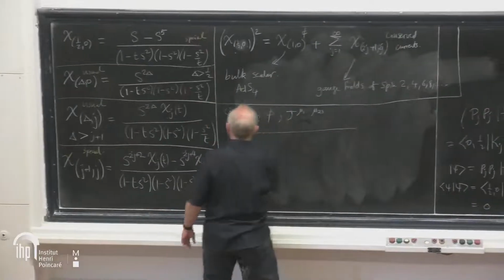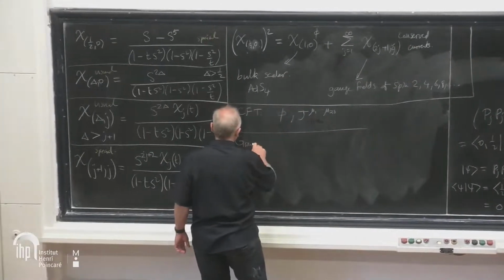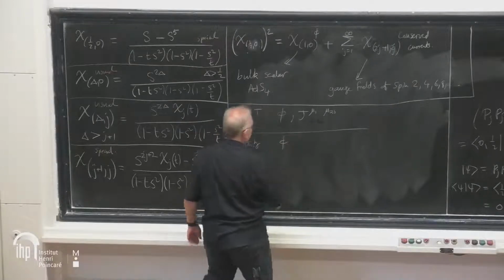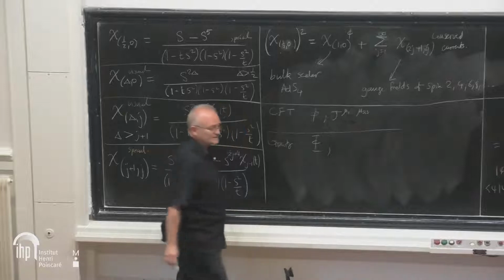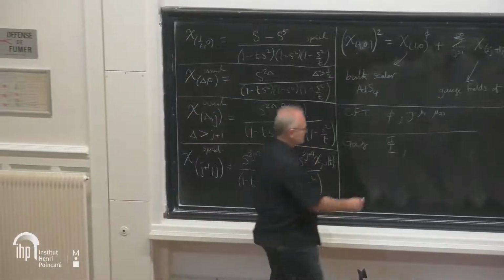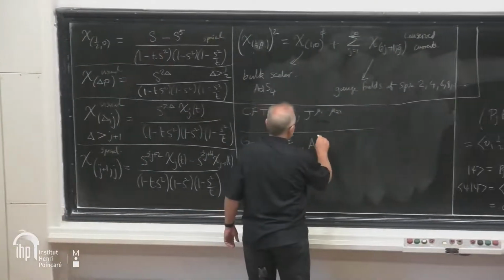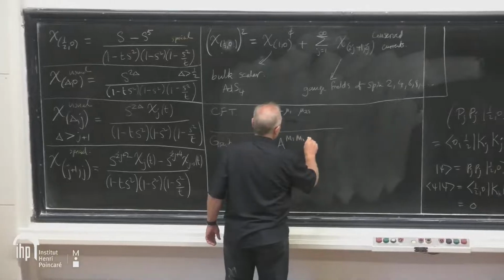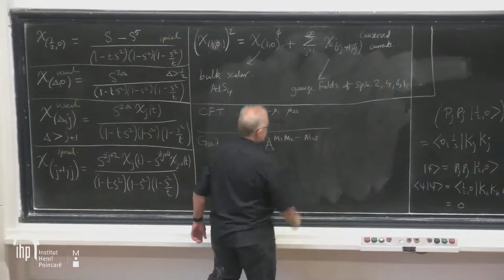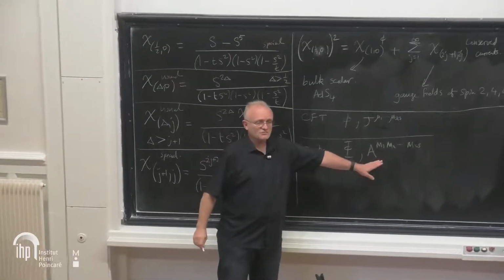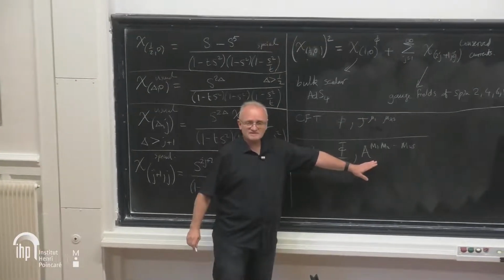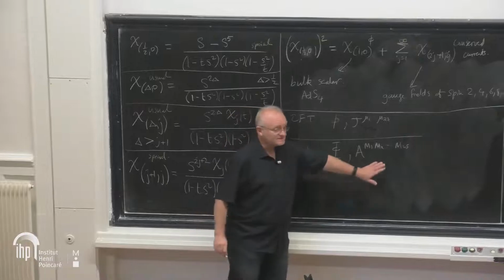On the gravity side, I have a bulk scalar. Let's make it capital phi. And then I have these gauge fields. So I'm going to call this A, and I'm going to put indices M1, M2, up to M2S. Now this is a gauge field. So if I want to figure out what the independent degrees of freedom are, I can fix the gauge.